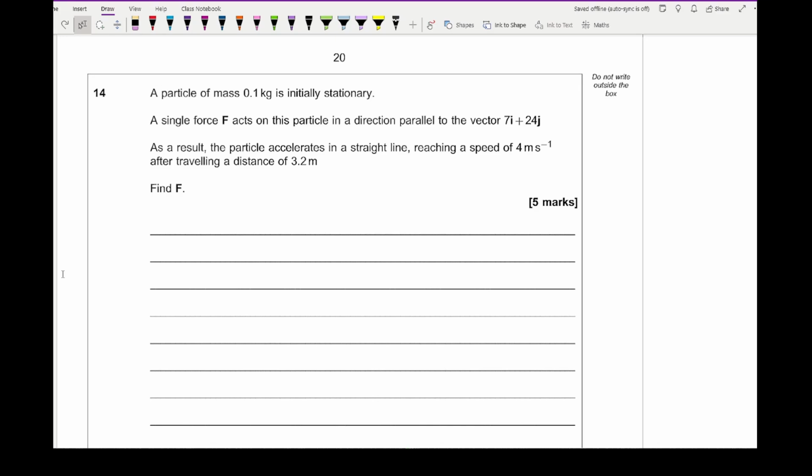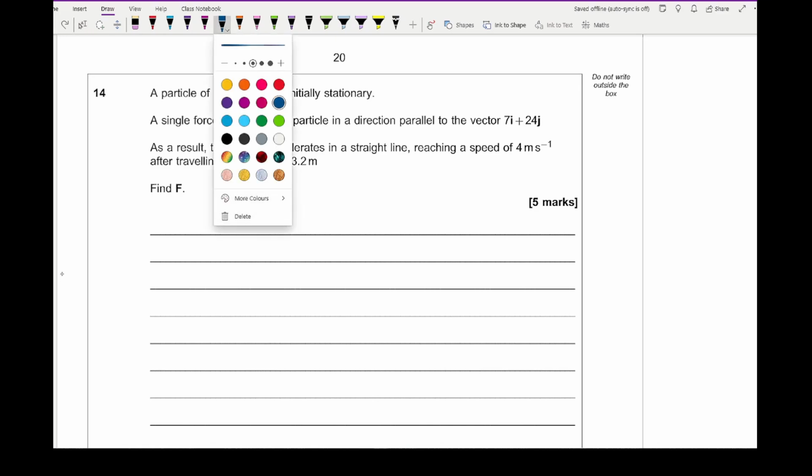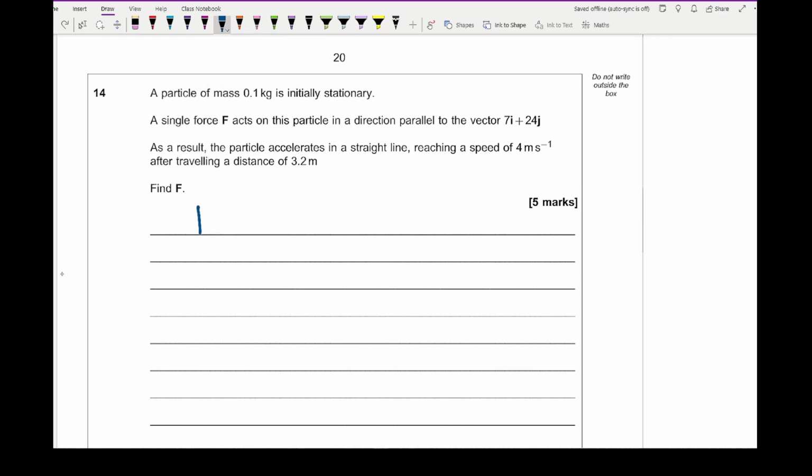So the first thing is to consider a diagram. We have our single force F acting on our particle. We have the 0.1 kilograms, and the force acting downward would be 0.1g.